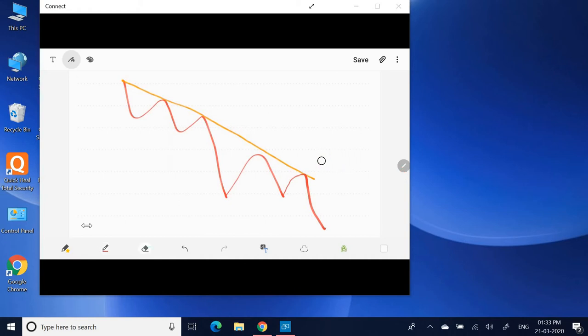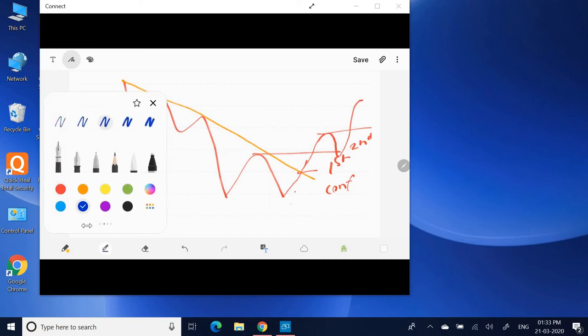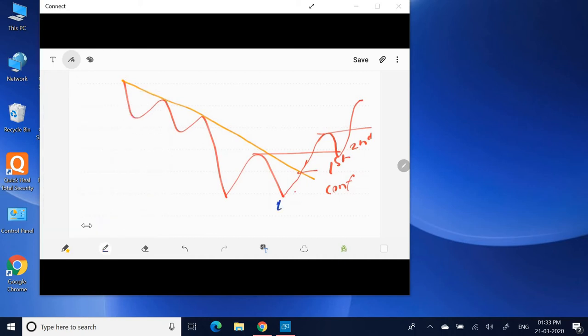Okay, what we would be looking for, particularly for investors, is a price change like this. This is going to provide us a first confirmation. A second confirmation would be this. This is our second confirmation. And then when price moves up, it makes a higher high over here somewhere.